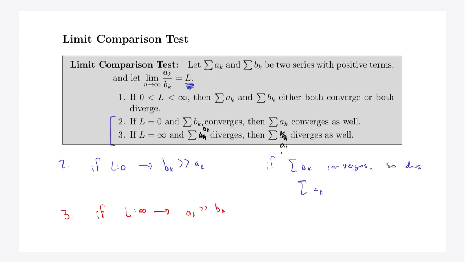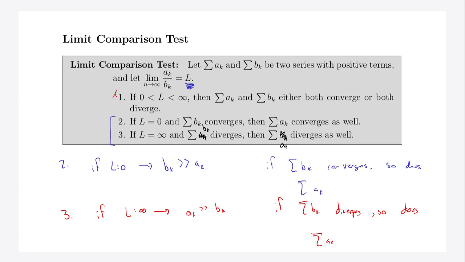I'll change that on your values here. Then we can say if the sum b sub k diverges, then our a sub k is bigger than a divergent series, so it diverges as well. So number 2 and number 3 are really just the comparison test.